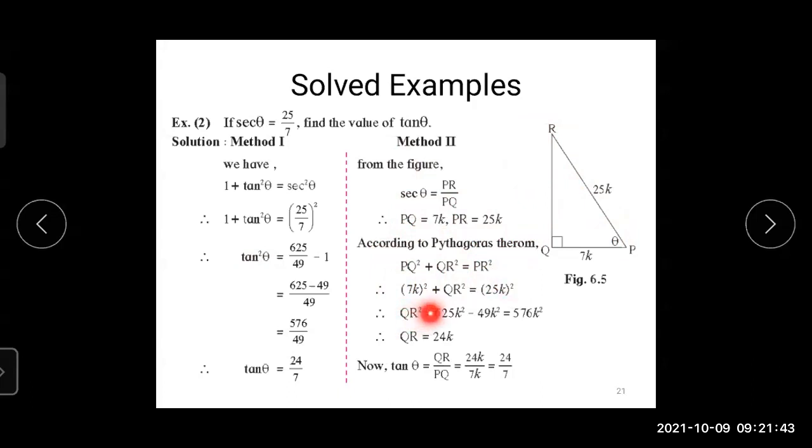So 7K square plus QR square is equal to 25K square. QR square will be 625K square minus 49K square, that is 576K square. QR will be 24K, and tan theta will be QR upon PQ, that is 24K upon 7K, which is 24 upon 7.